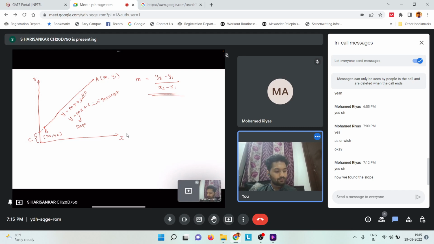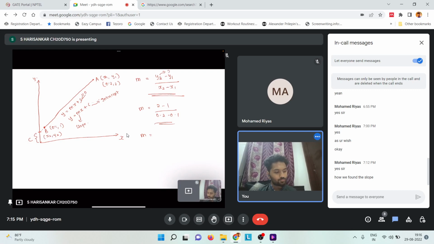So let's say in the question here we had point 2 and 2, and we had point 1 and what was the value? I think 1. Okay. So the slope m is basically 2 minus 1 by 0.2 minus 0.1, because m is equal to y2 minus y1 by x2 minus x1.